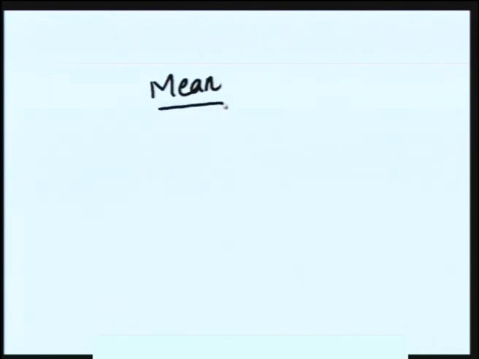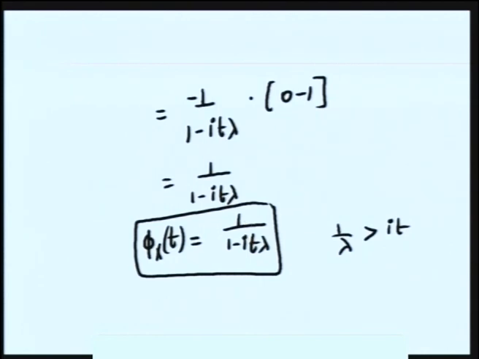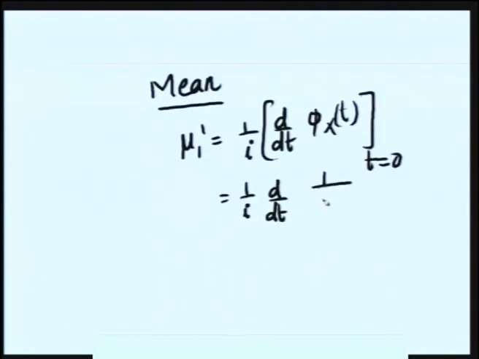Mean μ1' is equal to 1 by i, d by dt of the characteristic function, then you have to put t equal to 0. This is the formula. So, 1 by i of d by dt of φx(t), and φx(t) is 1 by (1 − itλ). We shall differentiate this.